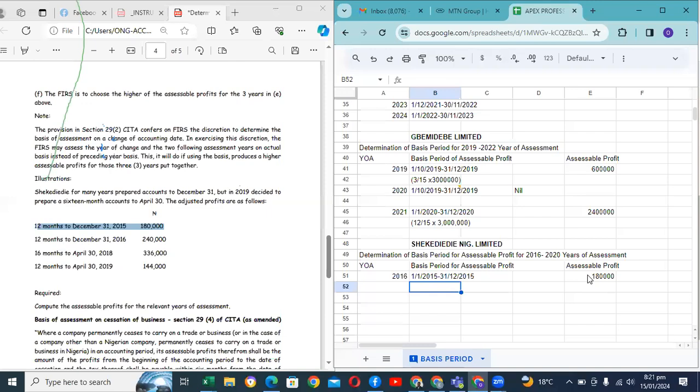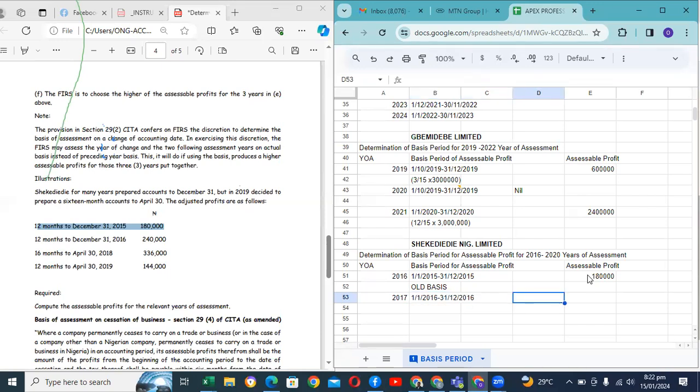So we said 2017 is the year of change, right? Then I will now start doing the old basis, starting from the year of change. But the idea of the old basis is you pretend as if nothing happened. So you still follow the usual basis period. That's why we said use the old dates. So we have 1/1/2016 to 31 December 2016.